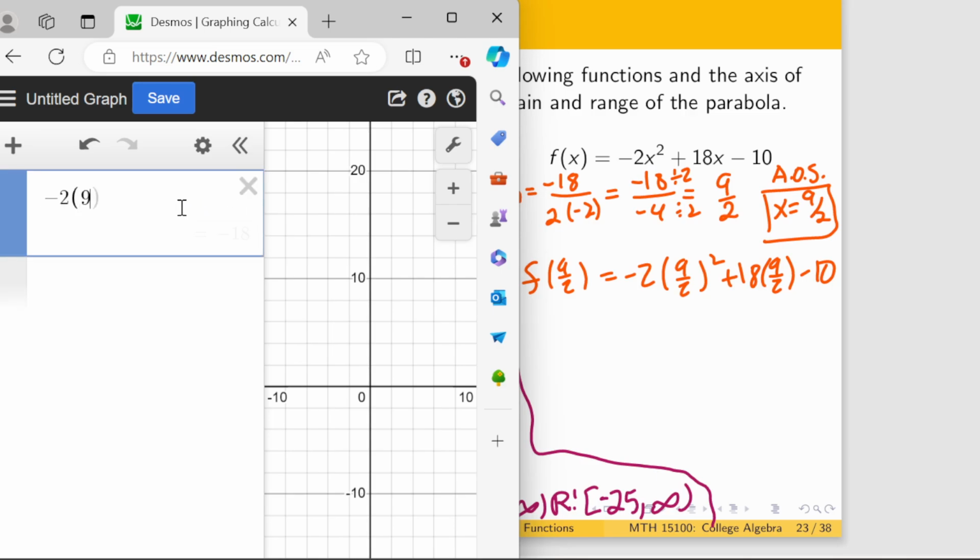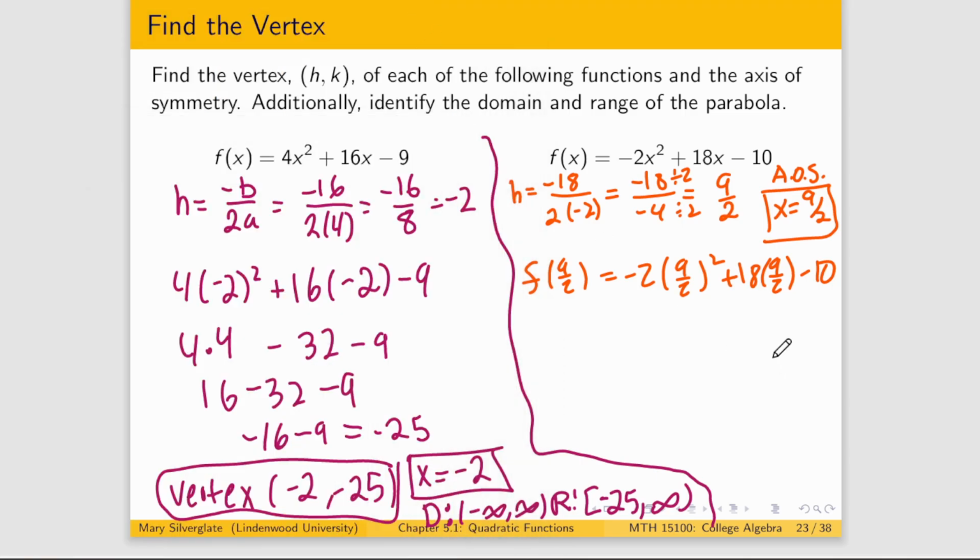So we've got negative 2 times 9/2 all squared plus 18 times 9/2 minus 10. So that gets us 30.5, or as a fraction, 61/2.